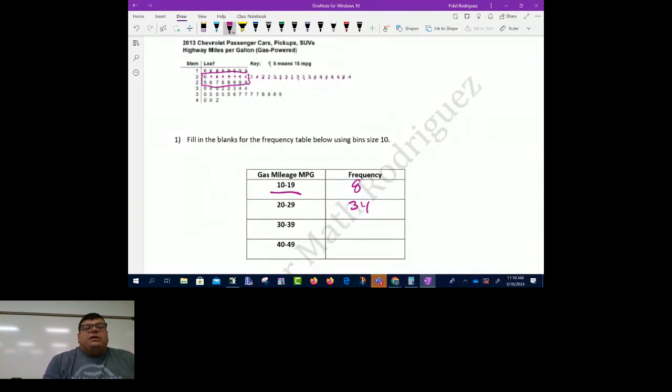Okay, how many are getting in the 30s? 1, 2, 3, 4, 5, 6, 7, 8. That's 16, 17, 18, 19, 20, 21, 22. How many get in the 40s? Boom, just 3.